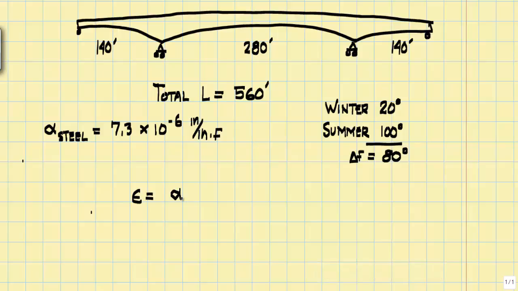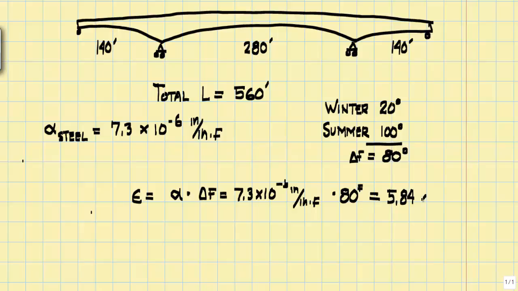So the strain that we get is equal to the coefficient of expansion times the change in temperature. So that gives us 7.3 times 10 to the minus 6 inches per inch per degree Fahrenheit times 80 degrees, or 584 times 10 to the minus 6 inches per inch.